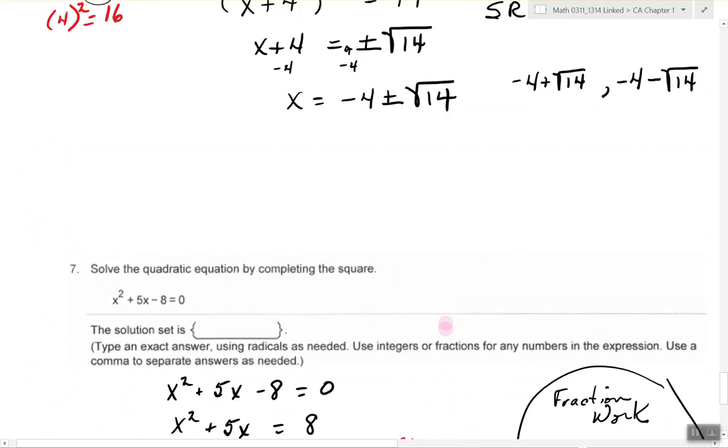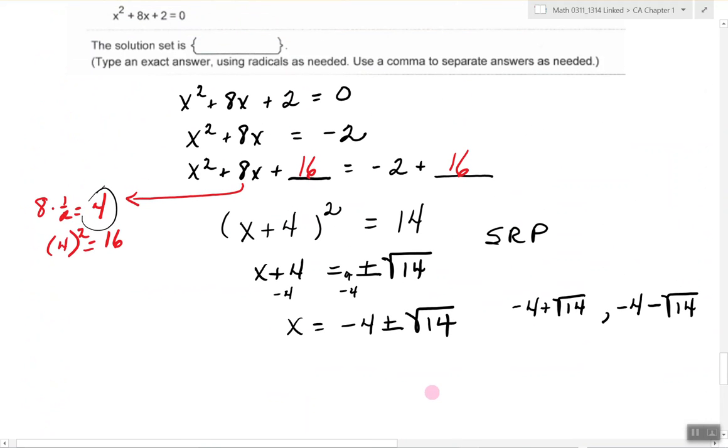So if you go back to any one of these problems, if this number turns out to be negative, then when you take the square root, you will get an i in the problem. Okay? So we don't have one of those. We're not required to do one of those, but I did want to mention it.